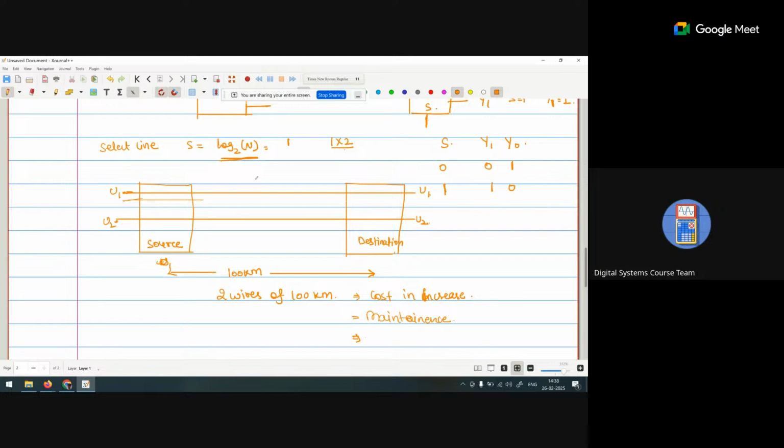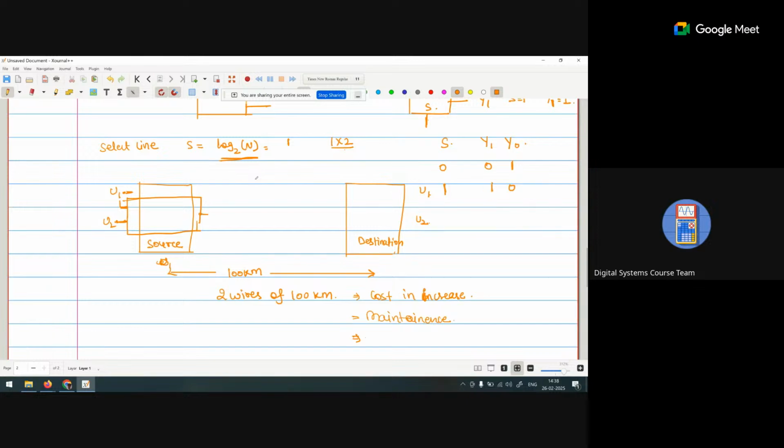The second approach is that we transmit the data with one wire only, so we do not require two wires. We use one multiplexer here to club the data of user 1 and user 2.